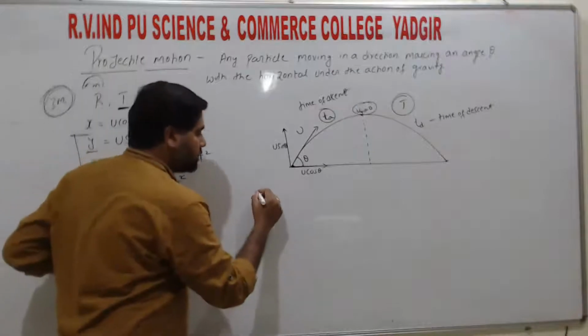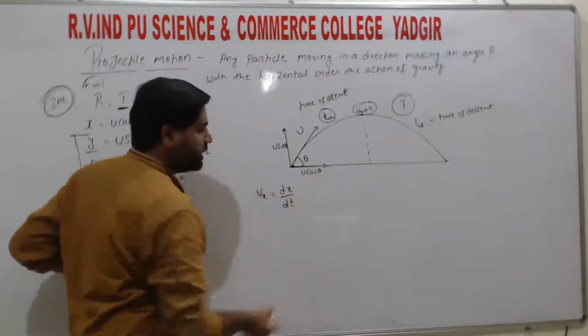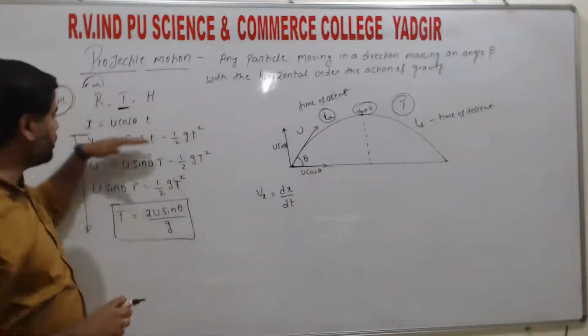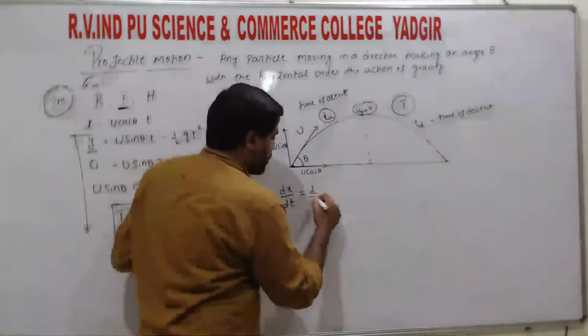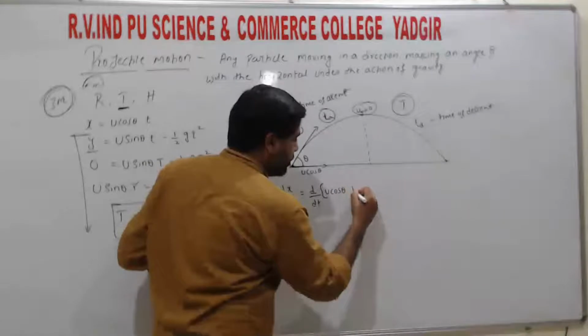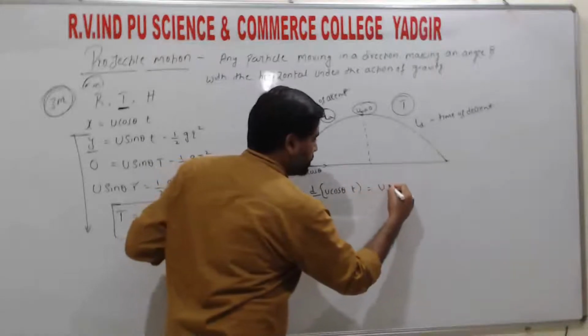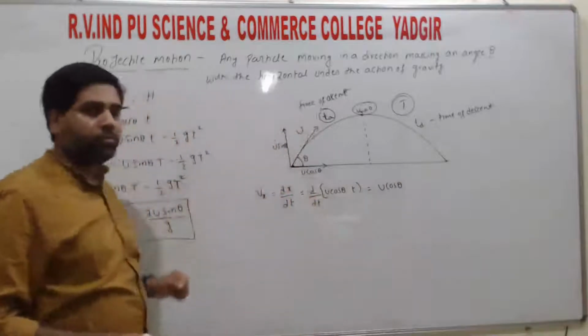So we know velocity along the x-axis is equal to dx divided by dt, right? That means we are going to differentiate the x component, right? So that is equal to d by dt of u cos theta into t. If we differentiate this one we get u cos theta, right?